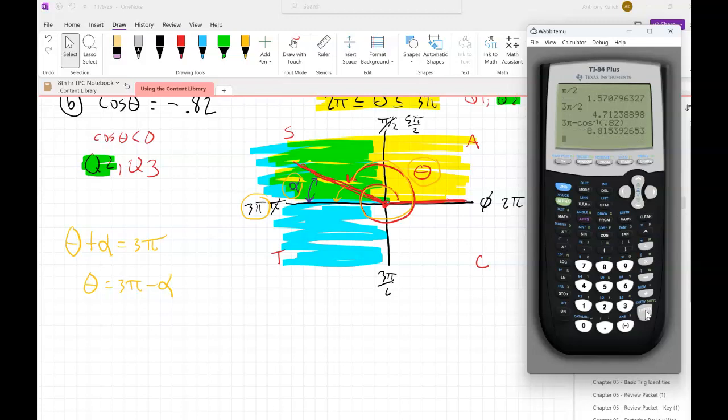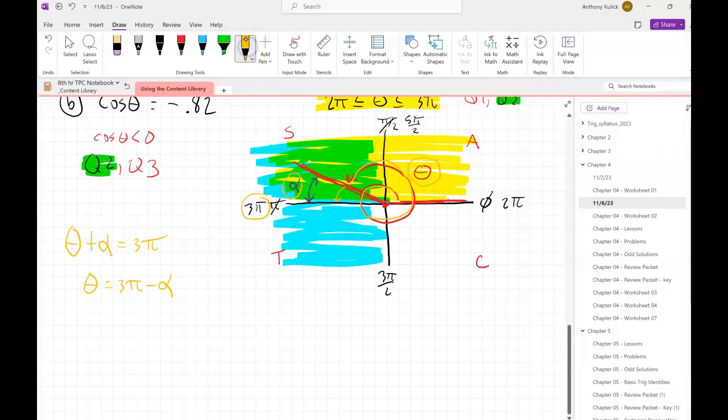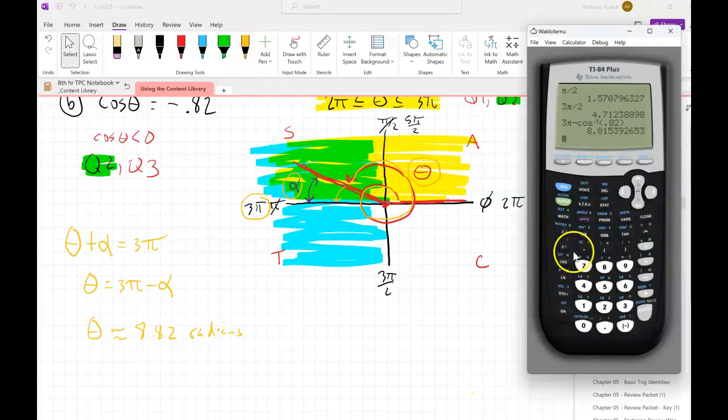So here's my answer, about 8.82. Let's check that. If I do cosine of that number, I get negative 0.82. Yes.